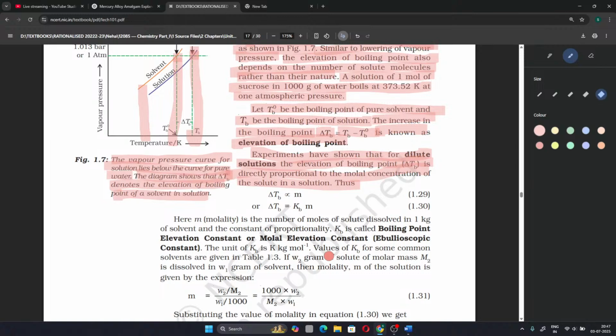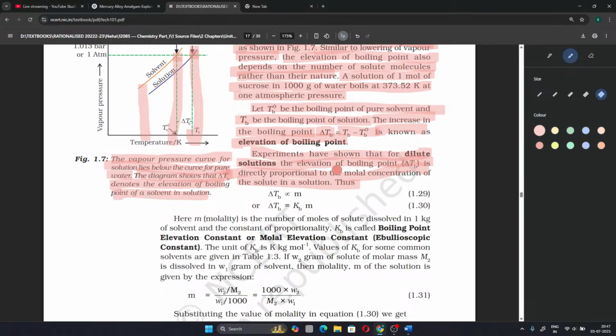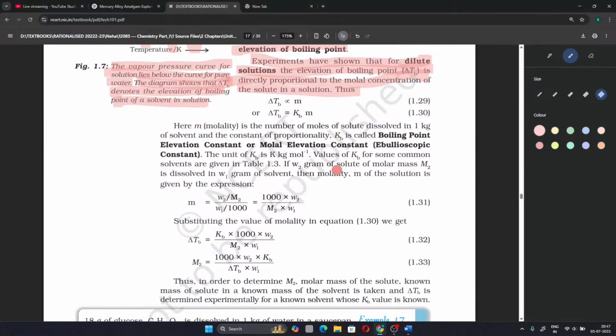The elevation in boiling point is directly proportional to the molarity, or the molar concentration of the solute in the solution. And delta Tb is directly proportional to molarity. Then we can introduce a proportionality constant, Kb, the boiling point elevation constant or molar elevation constant.